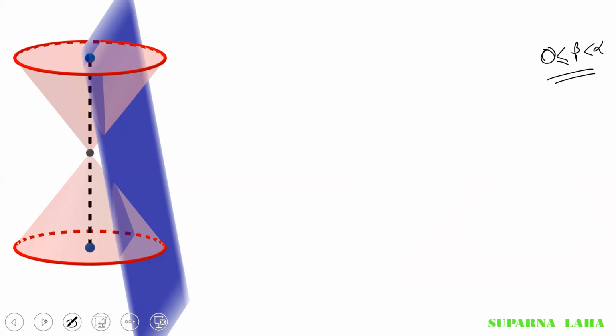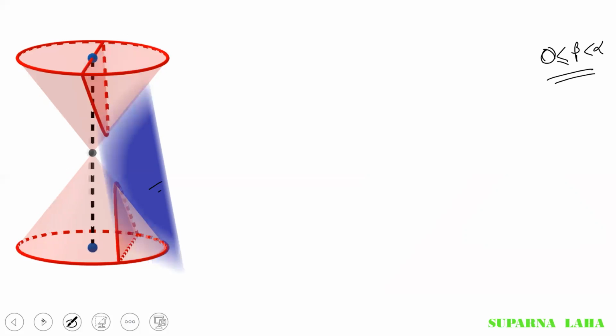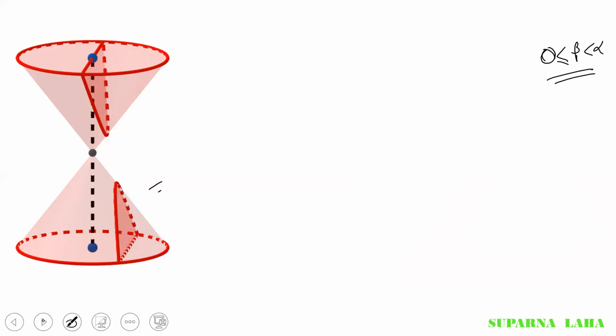The plane will cut both the upper half and the lower half. If we remove the plane and look at the sections, it will look like that. So this will form a hyperbola. These are the conic sections.